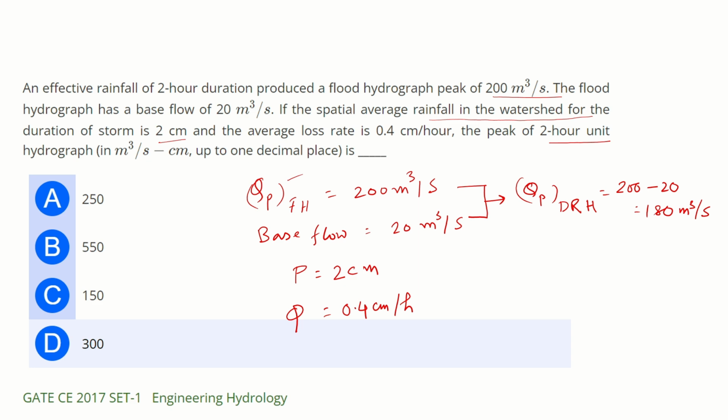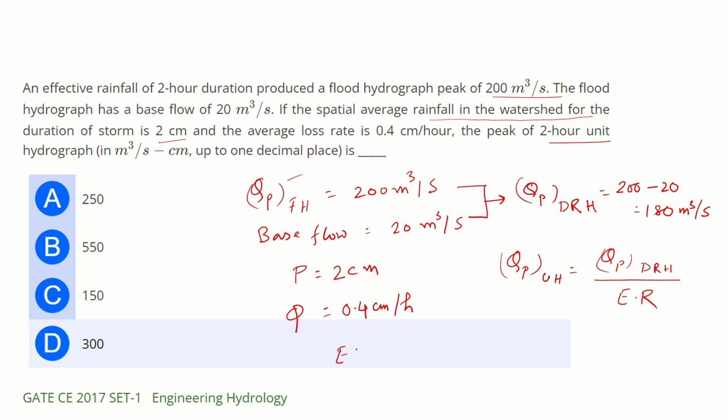Now the question is, you have to calculate the peak of the 2 hour unit hydrograph. So what is the relation between DRH and unit hydrograph? The peak of the unit hydrograph is nothing but the peak of the DRH divided by the effective rainfall. So what is effective rainfall?